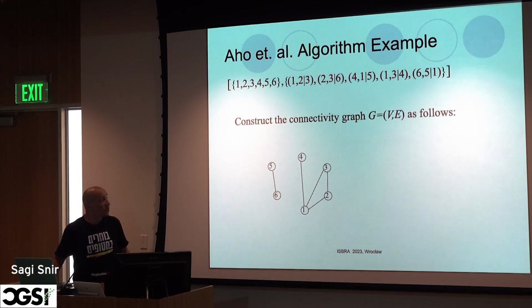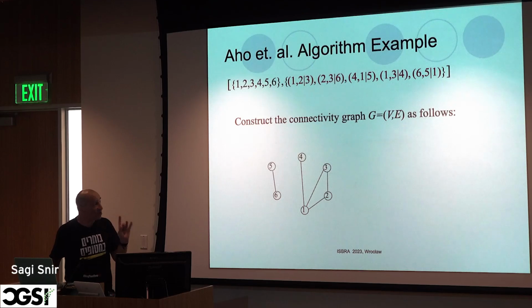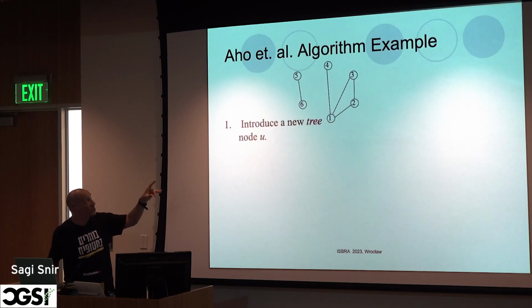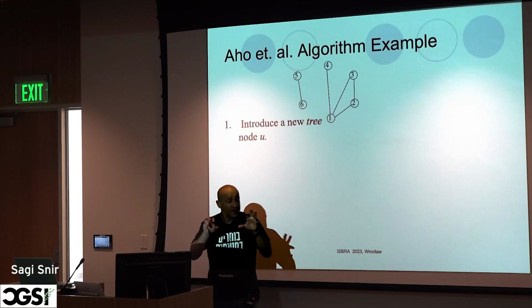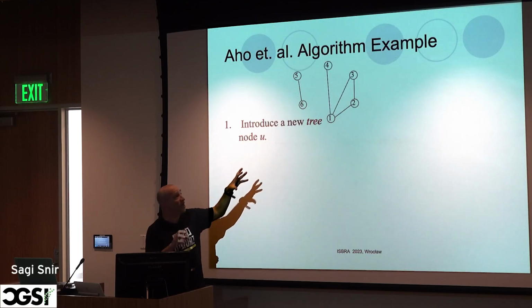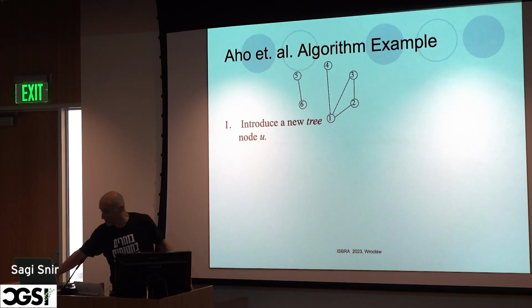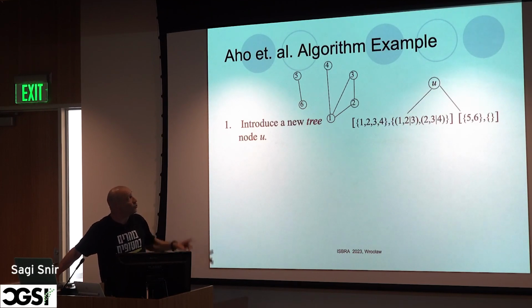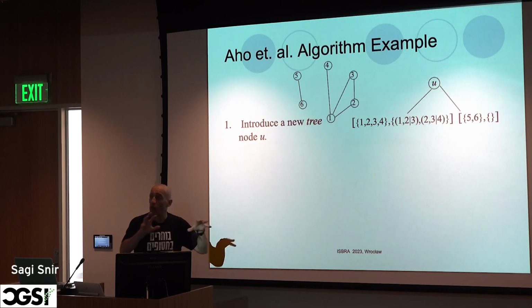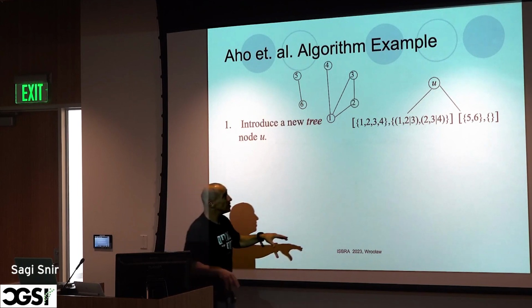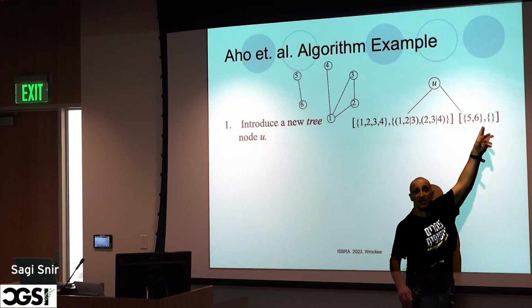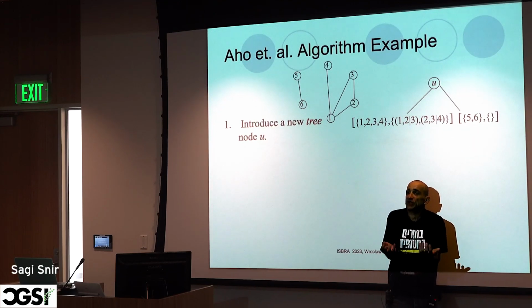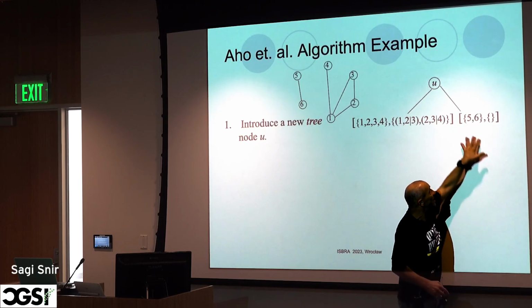So what we do is a recursive algorithm, very nice, very elegant. We have that connectivity graph, and now while we decompose the organisms or the elements, we build the evolutionary tree. So we introduce a new tree node, an ancestral node, and we hang the component under that tree node. So here we hang 5 and 6, and we cannot do anything about it. There is no information here on 2 guys, so we just hang them below.